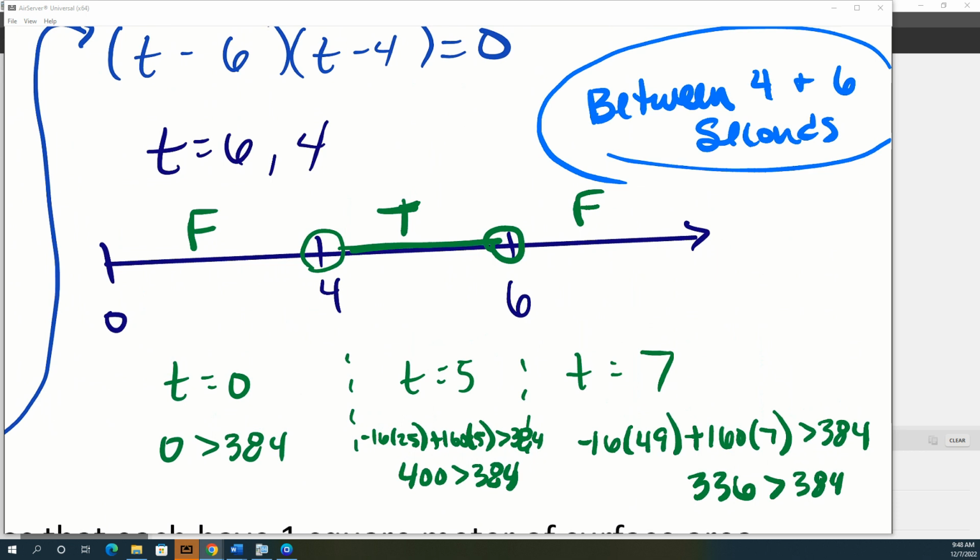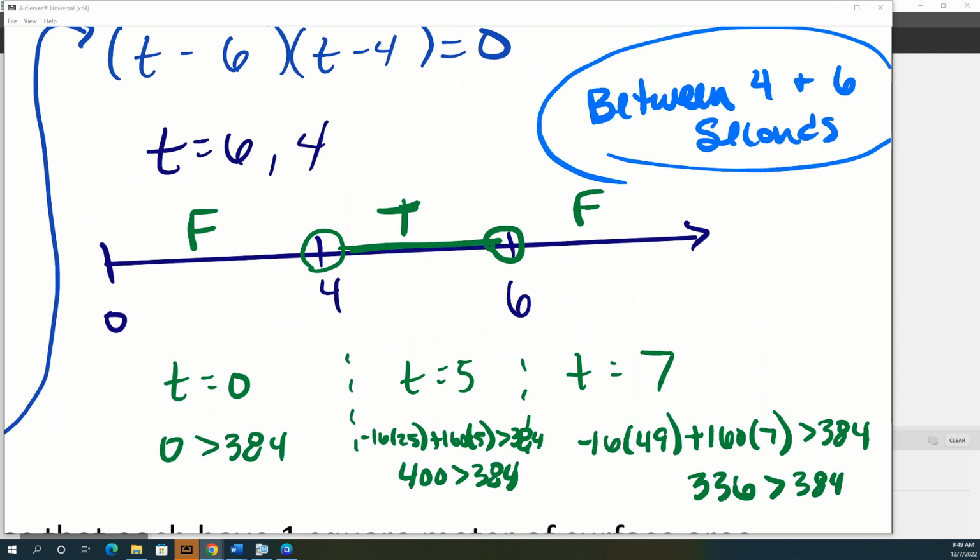Now, example 2 is similar. We have to write the model though, so this one's a little bit more difficult. So for that one, a rectangular room fits at least 7 tables that have 1 square meter of surface area. And we know the perimeter of the room is 16 meters.